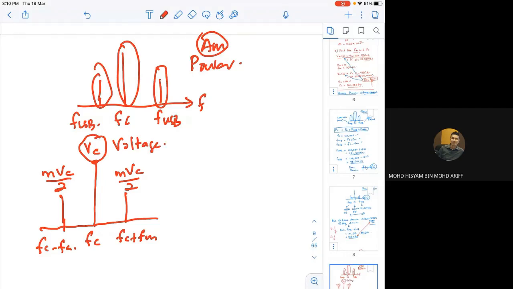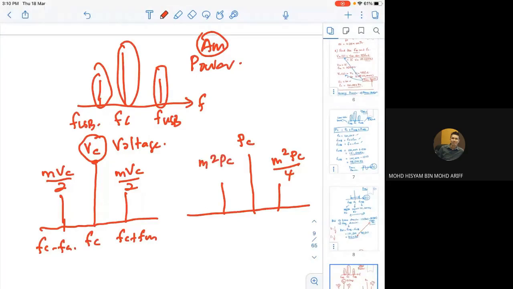And as I told you before, it can also be in terms of power. Power is PC. How about here? Here is M squared PC over 4, here M squared PC over 4. Same FC, FC plus FM, FC minus FM.